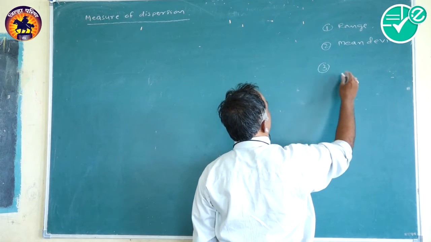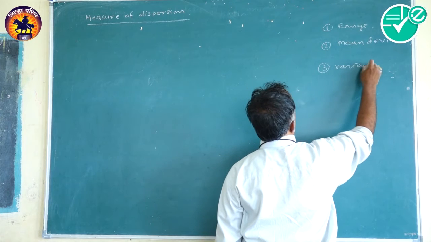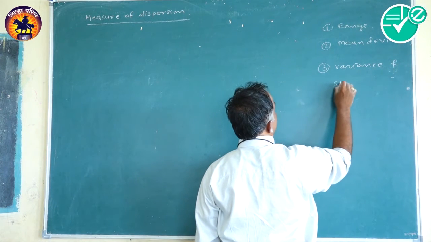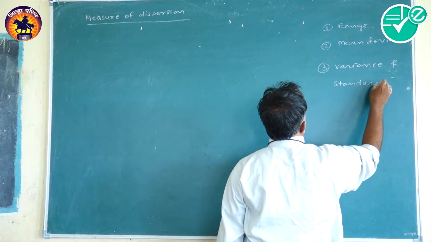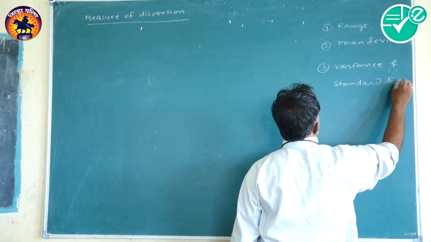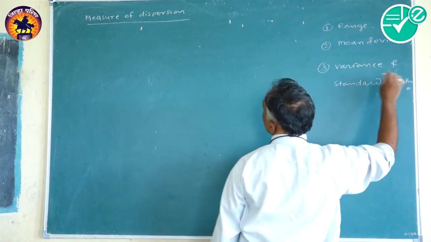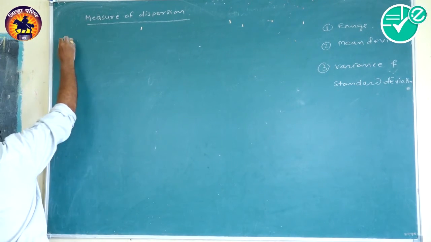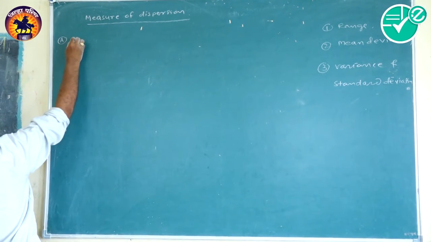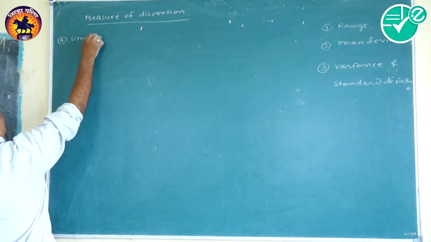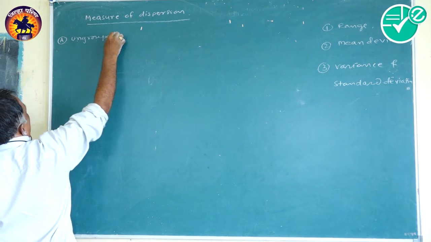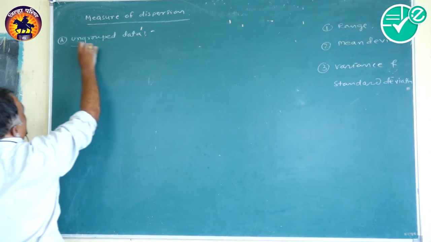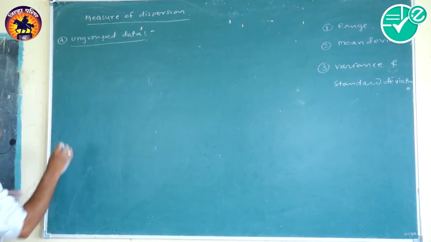Now we are discussing how to find the variance and the standard deviation. We studied, if the data is ungrouped data, then how to get the variance.